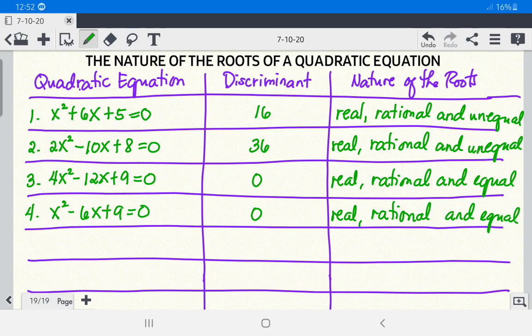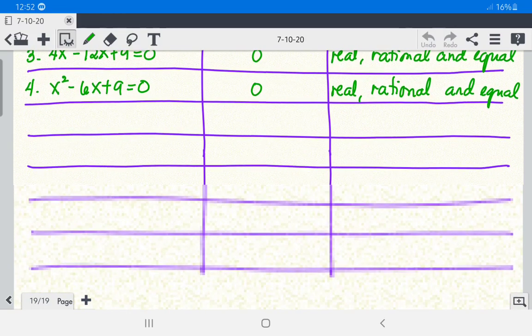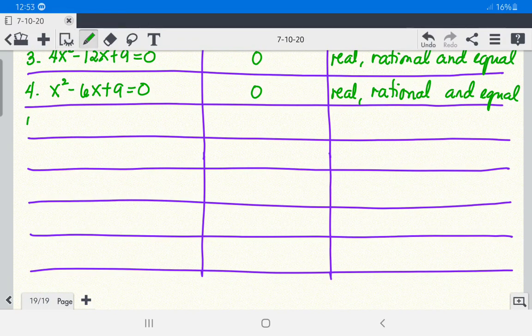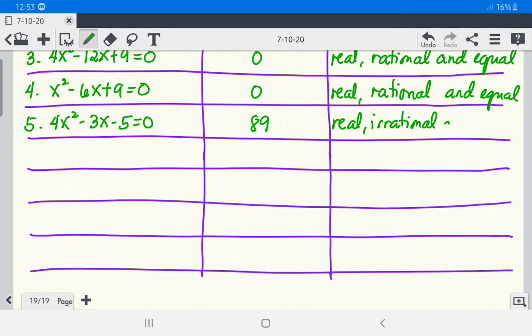Okay, next. Number 5. We have 4x squared minus 3x minus 5 equals 0. So, we solve for the discriminant and it is 89, right? So, the nature of the roots is that they are real, irrational, and unequal.